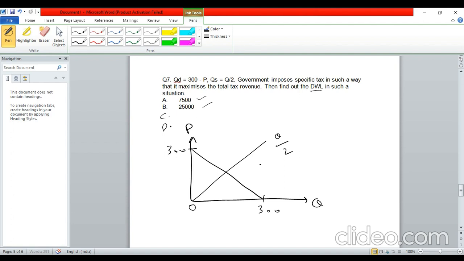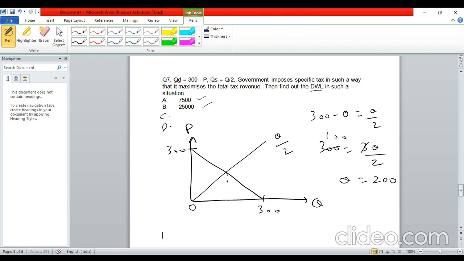Now this is the situation that we have. Let us try to find out the equilibrium point first. So 300 minus q will be equal to q by 2. So 300 is equal to 3q by 2. This will cancel out, and q we will get as 200.